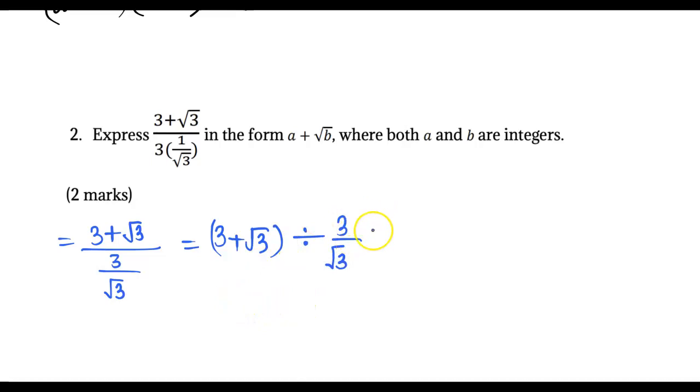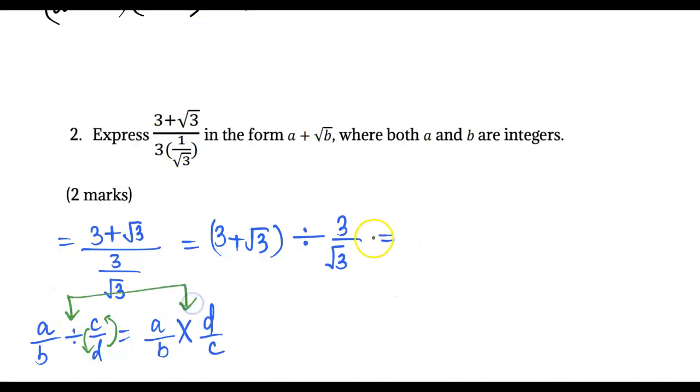When we divide anything, for example if A over B is divided by C over D, A over B multiplies with the reciprocal, D over C. We just flip it upside down, and our division becomes multiplication. Same we're going to do here.